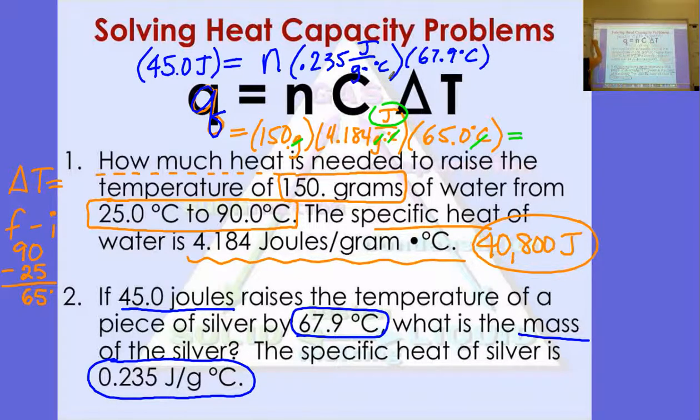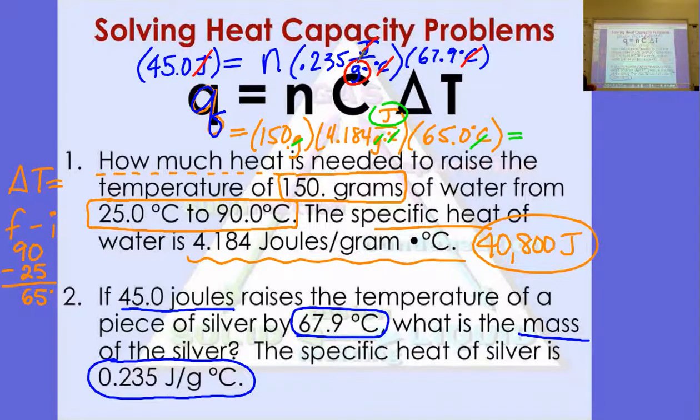Again, watch your units cancel. Joules will cancel with joules. Degrees Celsius cancels with degrees Celsius. When I solve this equation, my answer is going to come out in grams.